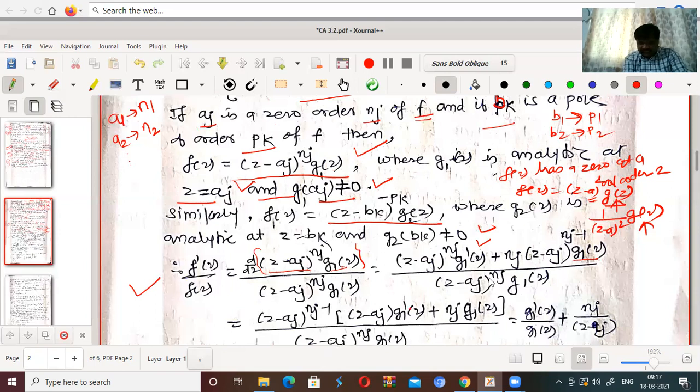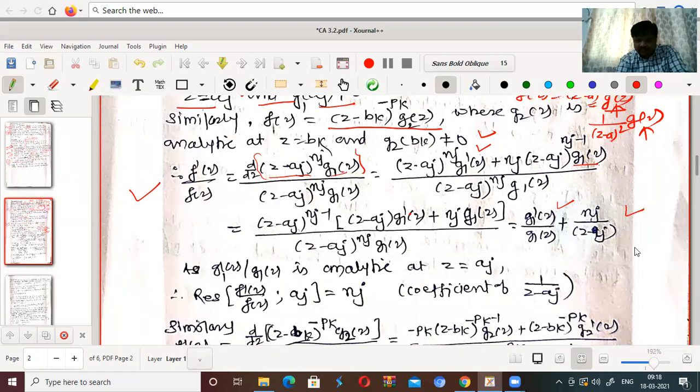You can take the ratio directly: for the first function, divided by this term, it cancels and we get g1 dash z upon g1 of z. Then for the second, (z minus aj) to the power nj, it remains 1 upon (z minus aj) in the denominator, and g1 of z cancels, so we get nj upon (z minus aj).